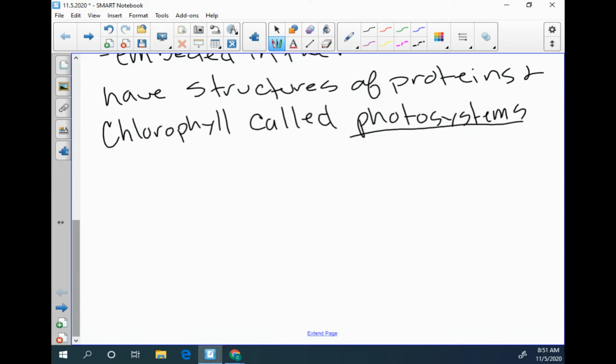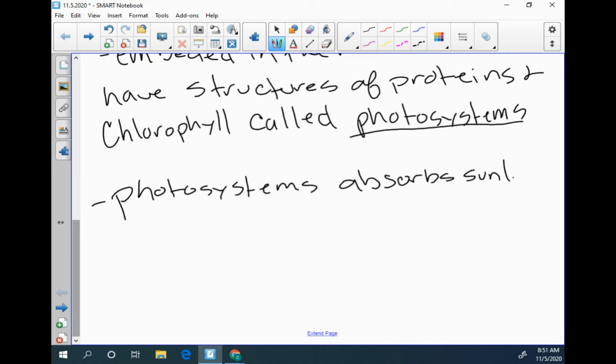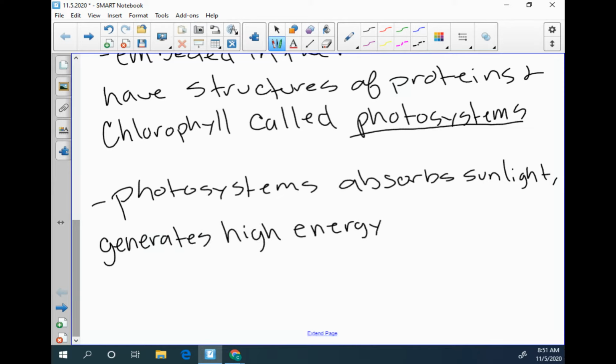Photosystems absorb sunlight, that's why they have the chlorophyll, generates high energy electrons, which we pass to electron carriers.